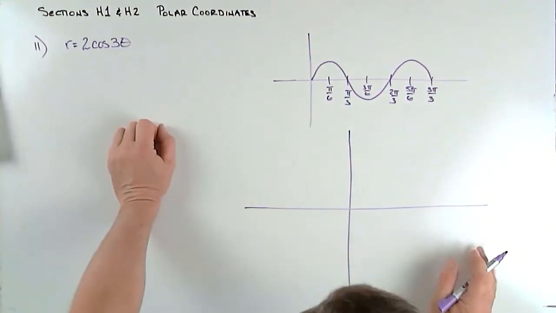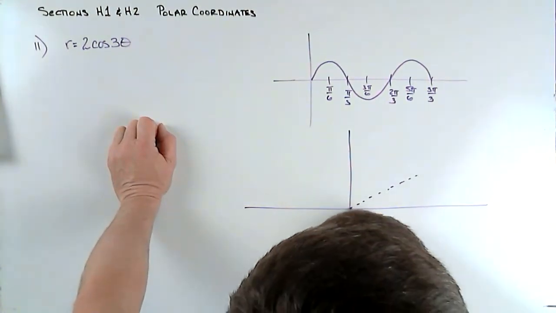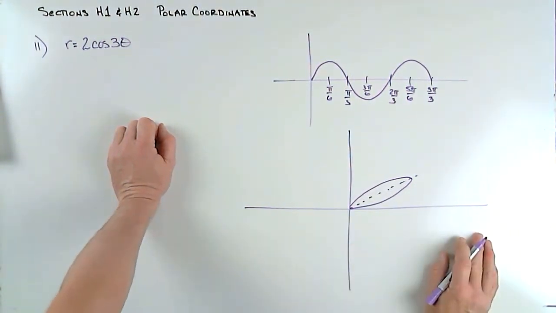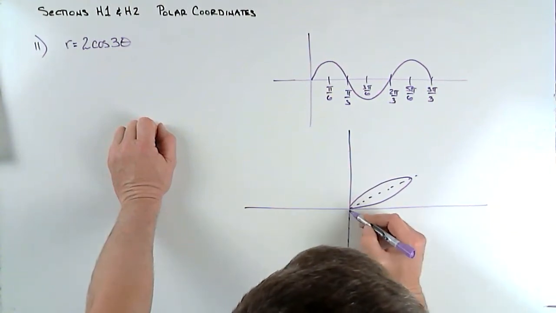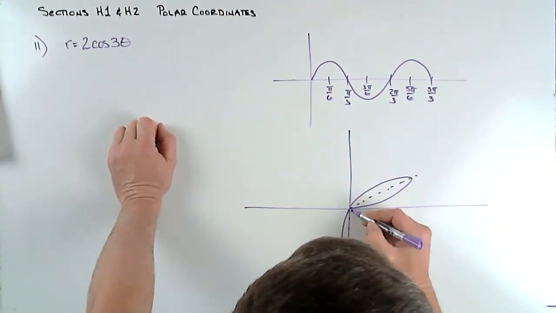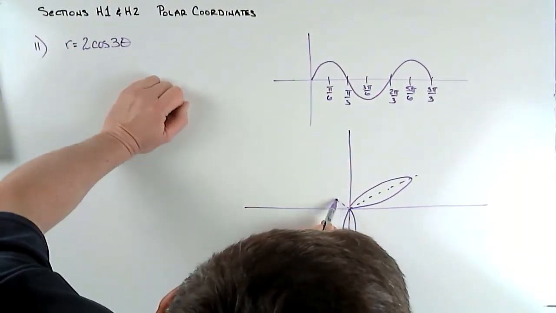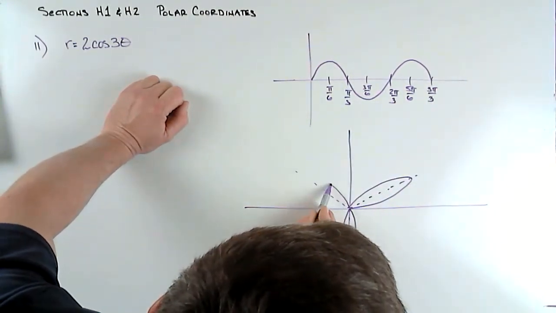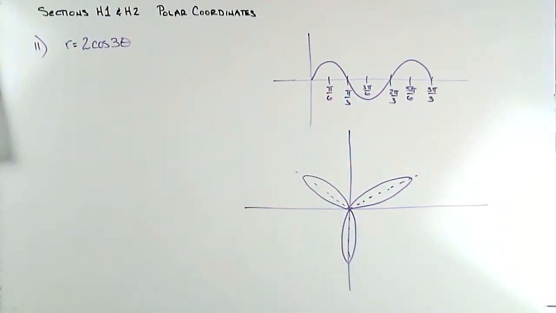Our first petal went along the angle pi over 6, and it went out like this, and it came back like this. Our next petal was on this axis down here, and it went down here, and it went back to here. And then finally, our third petal went along the angle 5 pi over 6, and it went out here and came back through here.